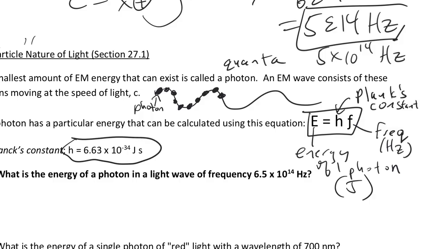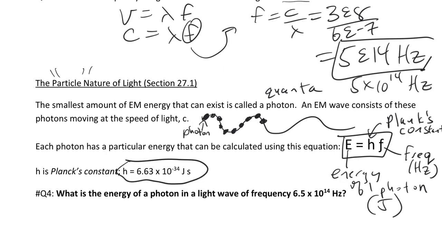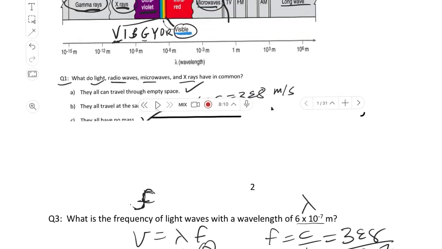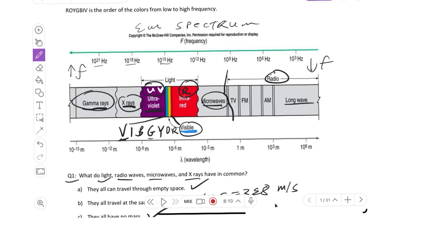So let's go back. I inserted that picture right here from the first page. So you can see that this is the high frequency side. This is the low frequency side. Now, from what we just showed, this would also be the low energy per photon side. This would be the high energy photon side.